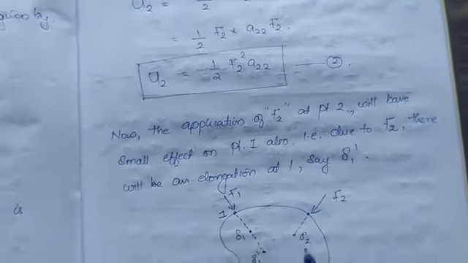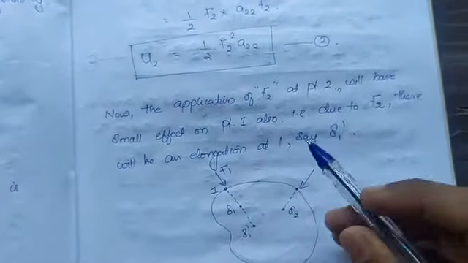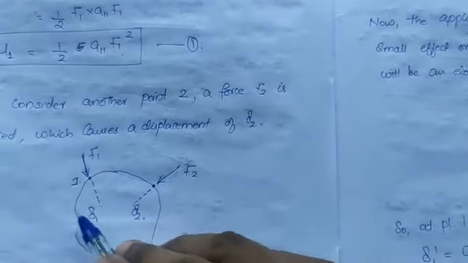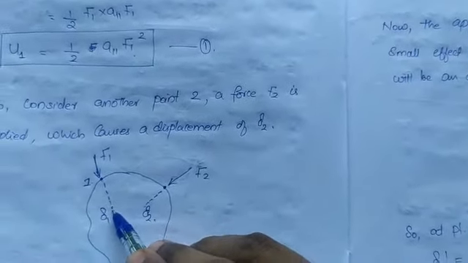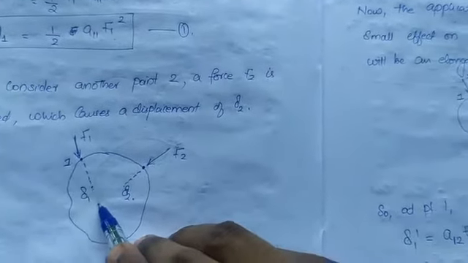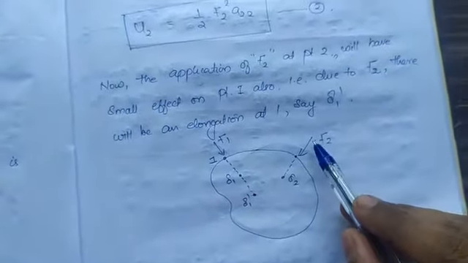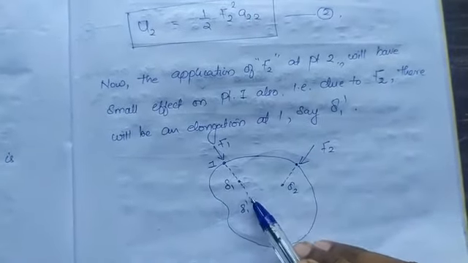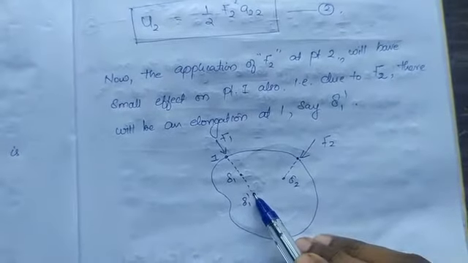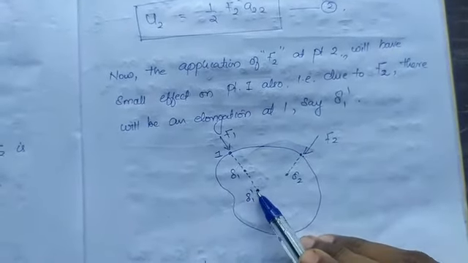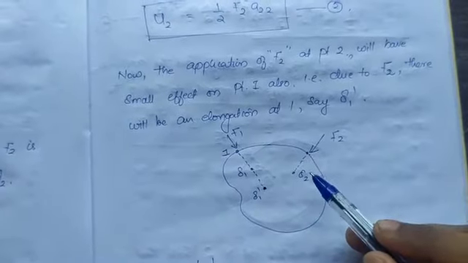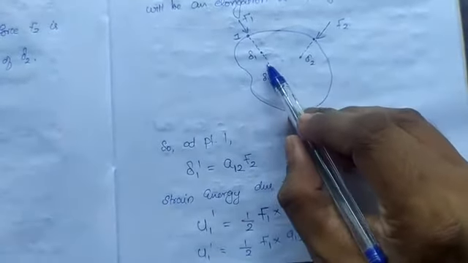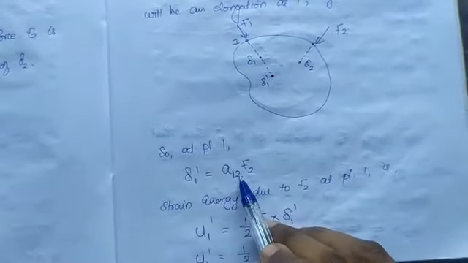Now the application of F2: if F2 is applied here, due to this force there will be a displacement here instead of delta 1. Similarly, due to the force F2 there will be a small elongation, and say that elongation is delta 1 dash. So at point 1, delta 1 dash is equal to A12 F2.